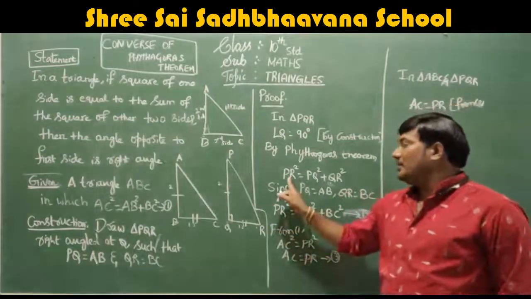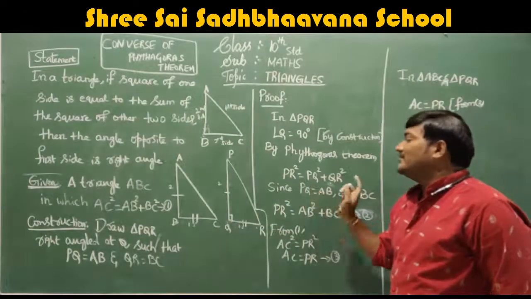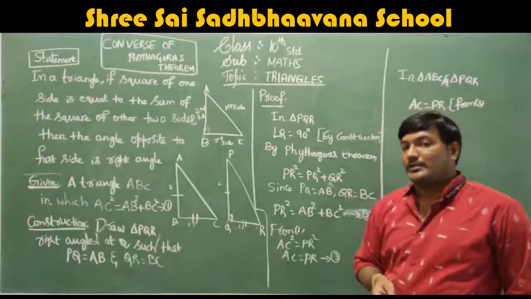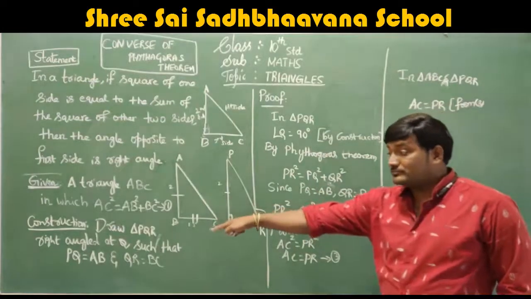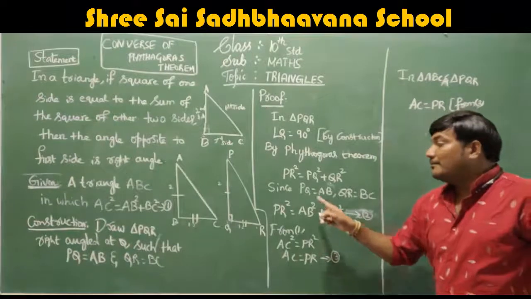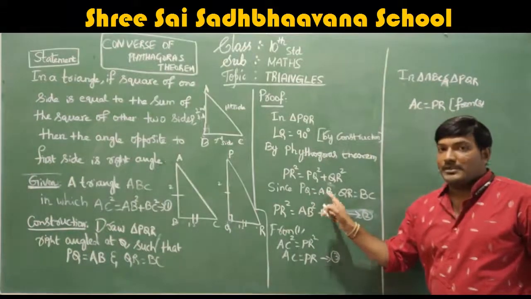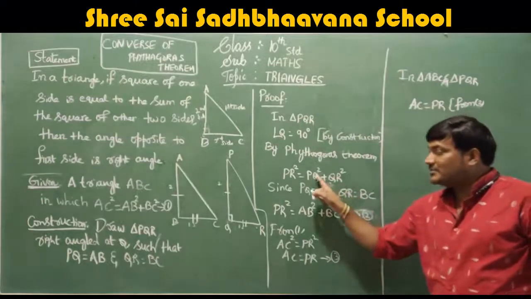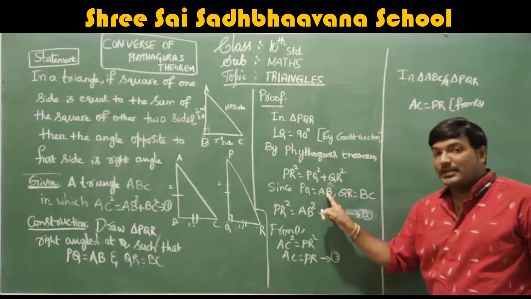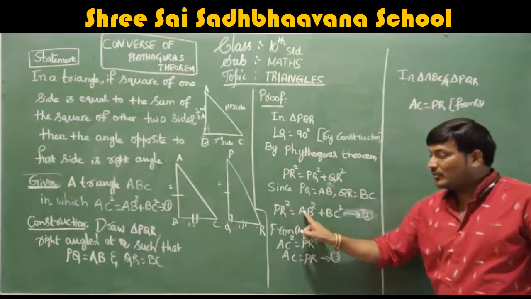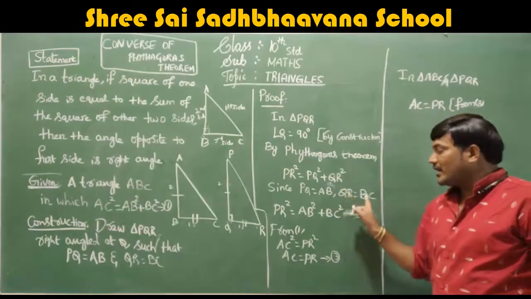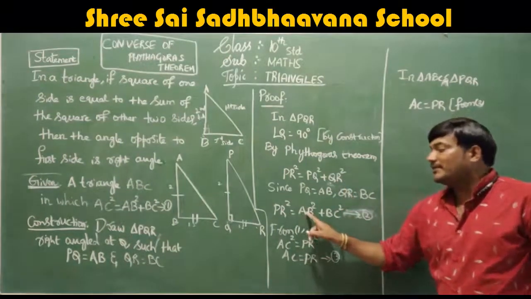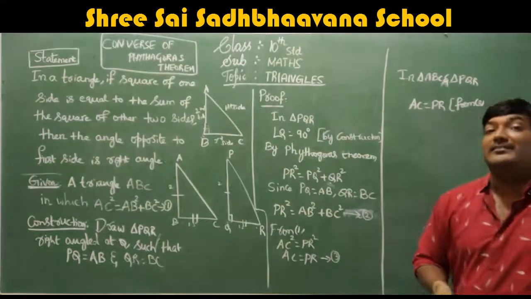So PR square should be equal to PQ square plus QR square. And also, in the construction you see, PQ and AB are equal because we constructed them so, and QR and BC are equal. So can I substitute AB in the place of PQ and BC in the place of QR? So PR square can be written as AB square plus BC square.